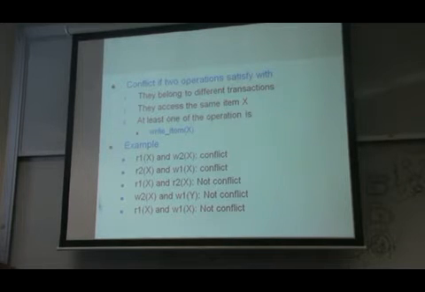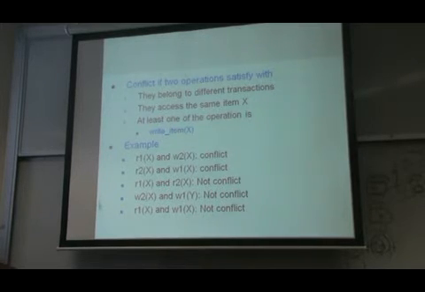Is it a conflict or not? No, there's no conflict in such a case. Another example: we have shared data, but there is only one user, one transaction. That transaction reads, writes, everything. Is it a conflict or not? No, there's no conflict. When you have one user, one transaction, you can allow whatever they want.